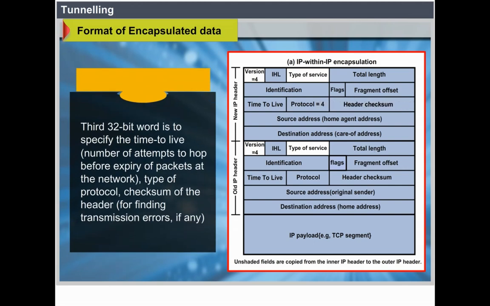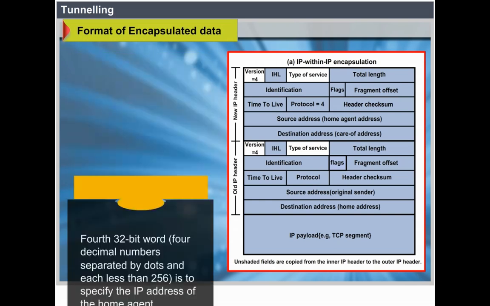The third 32-bit word specifies the time to live, the number of hops before expiry of packets at the network, type of protocol, and checksum of the header for finding transmission errors if any.